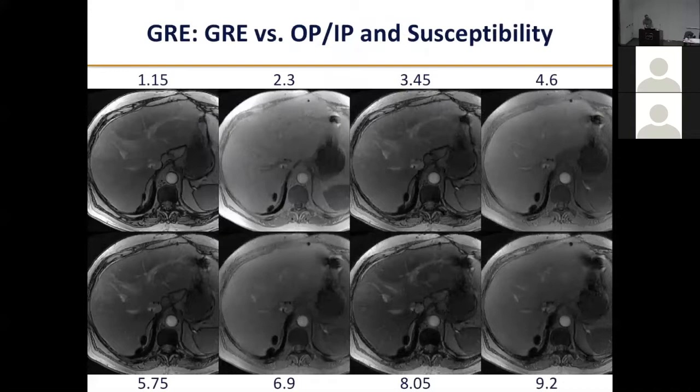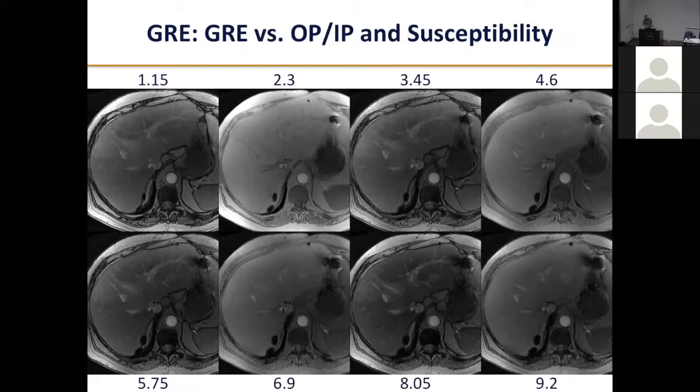So this is a 3 Tesla scanner, and on the previous lecture we mentioned that fat and water at 3 Tesla are out of phase at 1.15 milliseconds, in phase at 2.3, out of phase 3.45, in phase, out of phase, in phase, out of phase, in phase, etc. Notice that as the TE increases, overall, there's a trend for the signal to go down. So let's compare this image with a TE of 1.15 with this image with a TE of 8.05.